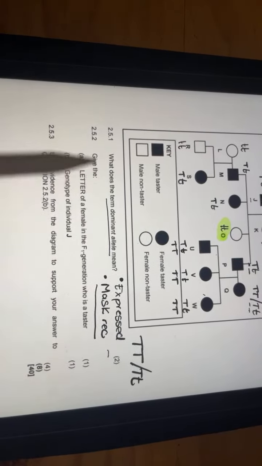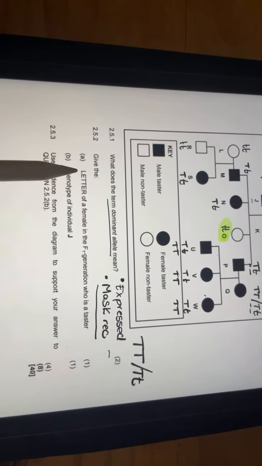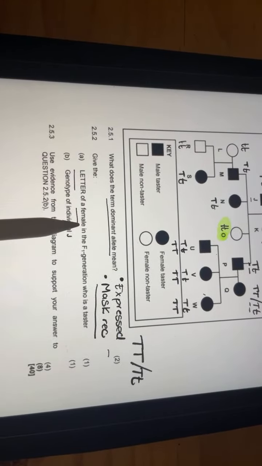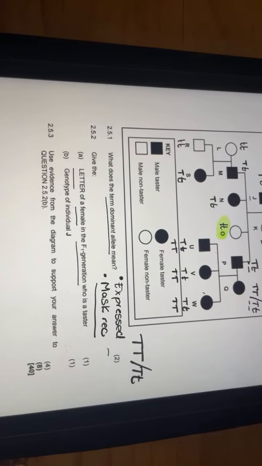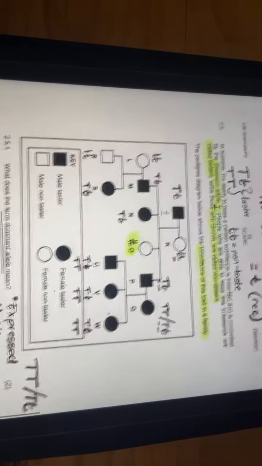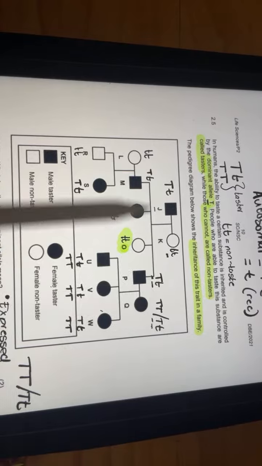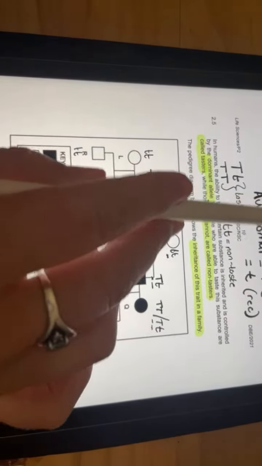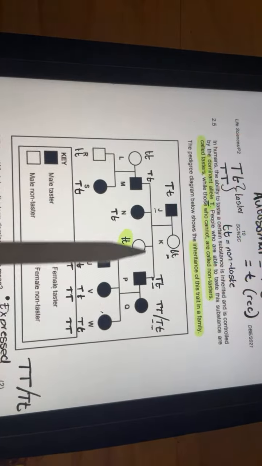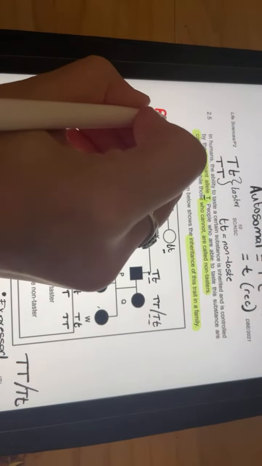So the term dominant allele refers to an allele that can mask the recessive and that is expressed in the phenotype. For 252A, it says give the letter of the female in the F1 generation who is a taster. So we go back up and we look here, the F1, so that's filial, and I want to point out where these things are. So I'm just going to swap over to a different color quickly. We've got P1 at the top here.